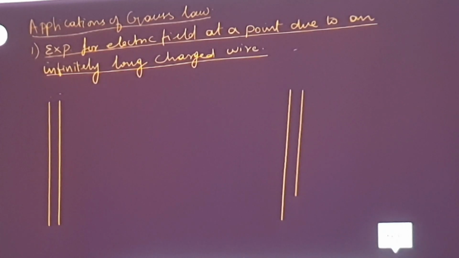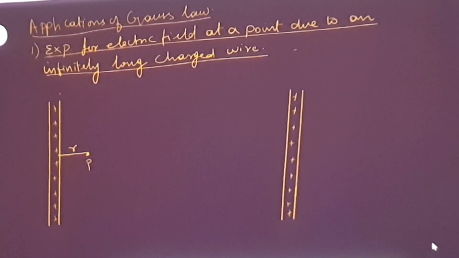In this long conductor, I am saying that the infinitely long conductor has so many positive charges in it. I am taking a point P at a distance R from the infinitely long charged conductor. Our task is to calculate the electrical field E at this position.